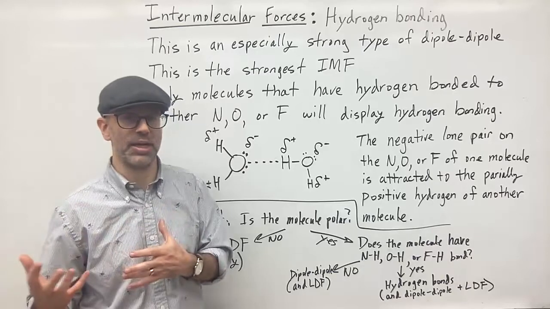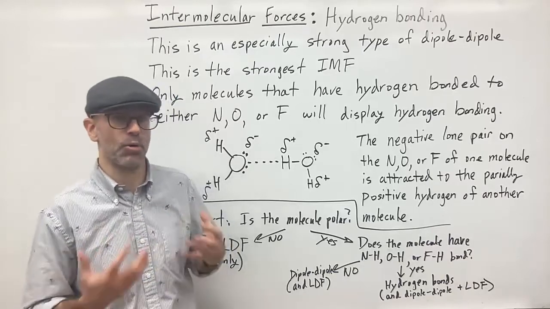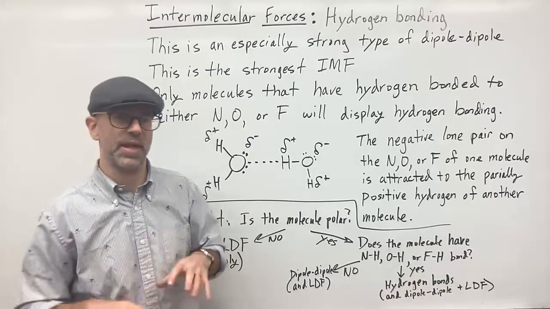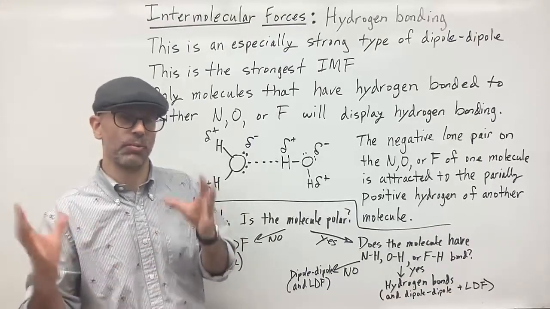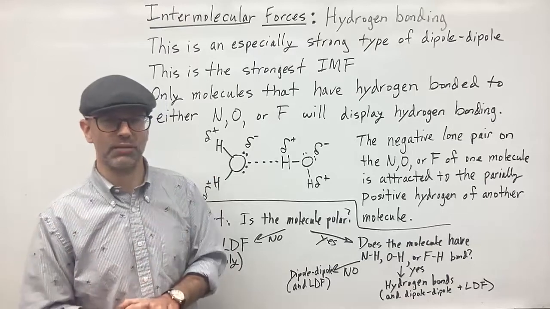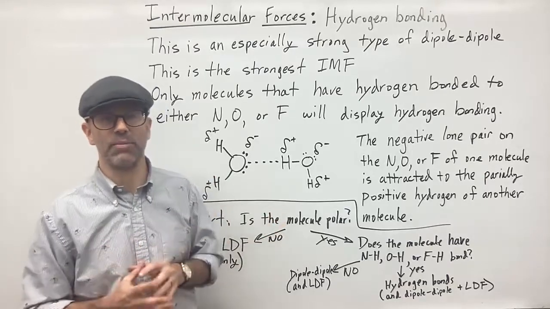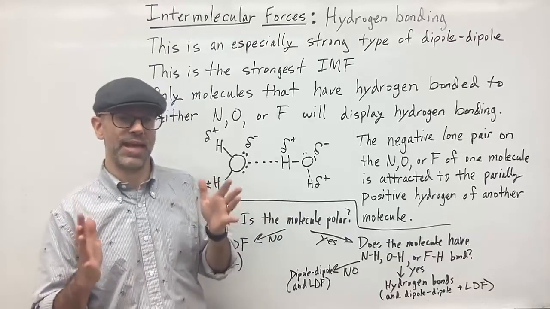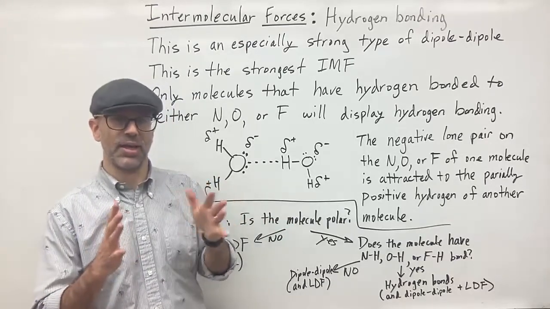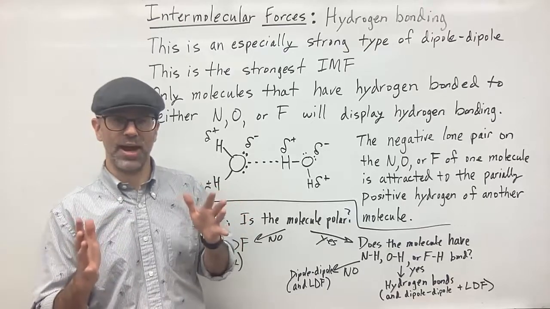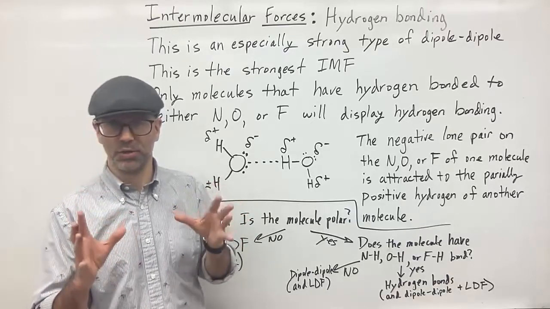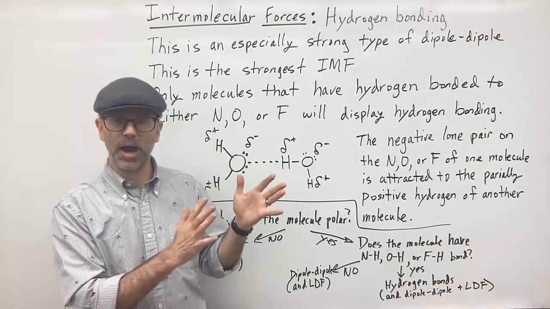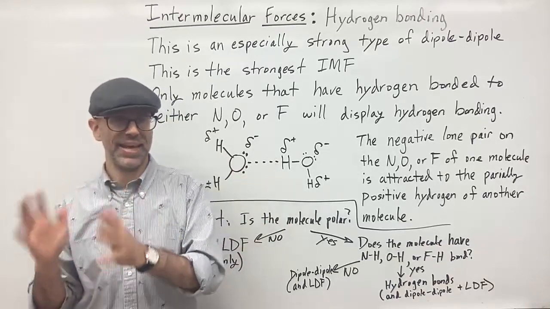The more electronegative atom is permanently pulling on and taking away the electron density from the lesser electronegative atom, creating that permanent dipole. It's that permanent dipole that gives the molecule a partial positive side and a partial negative side.